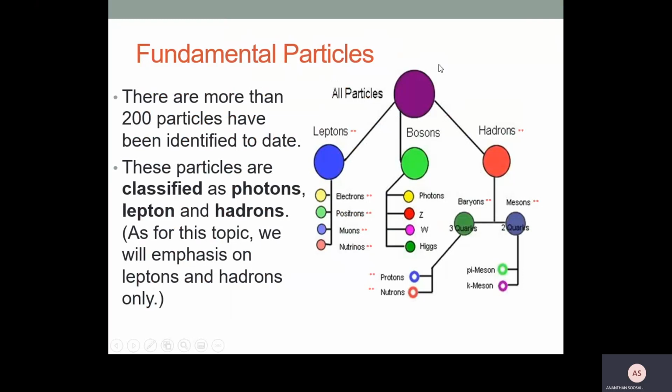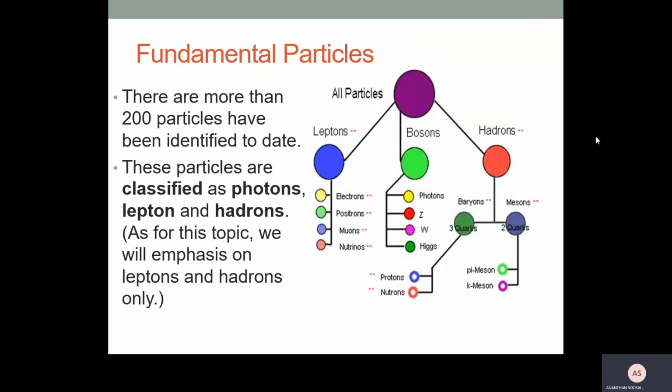Okay, so recall back. You want to find the smallest particle, and grouping was done again because too many particles had been found. So now they group into hadron and lepton. What is a hadron? It's a group of particles which experience strong nuclear force, made of quarks.